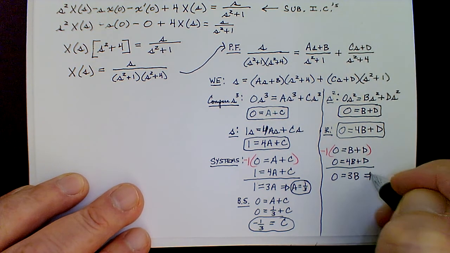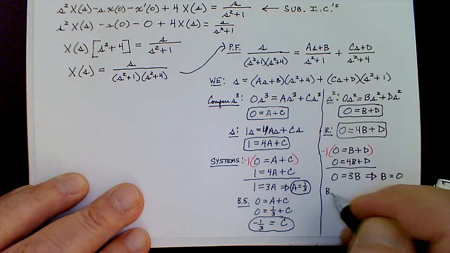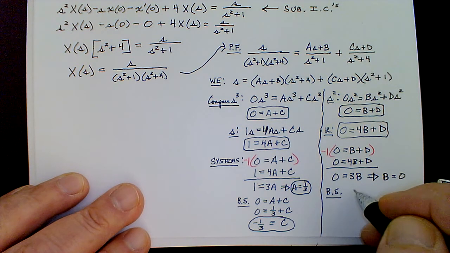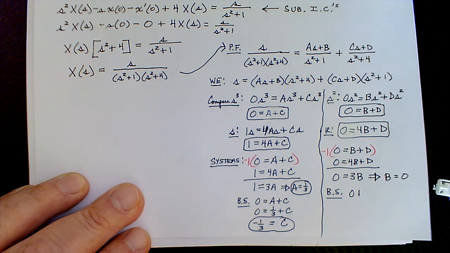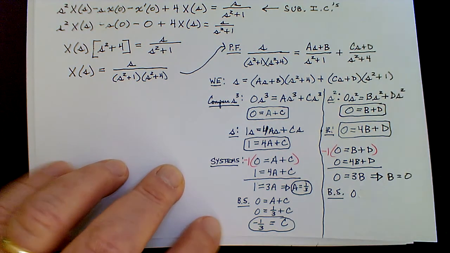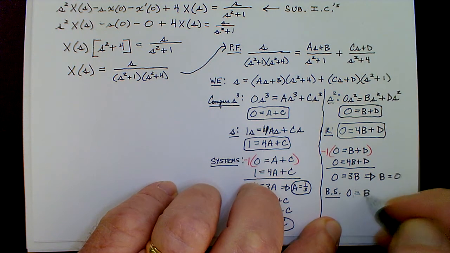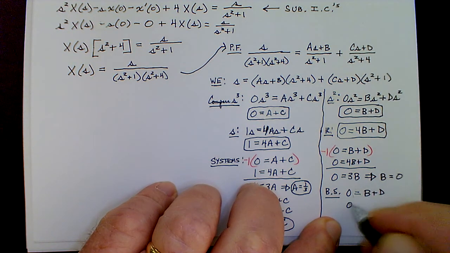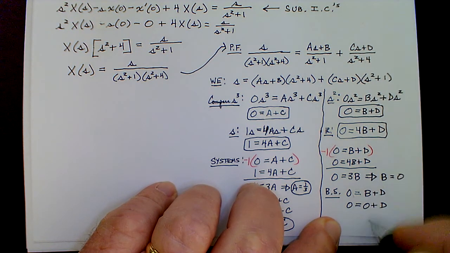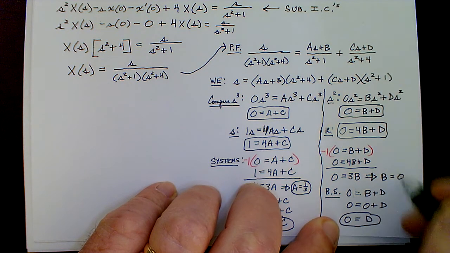So then b is 0. And back substituting, 0 equals b plus d. But b is 0. So d is 0 as well.